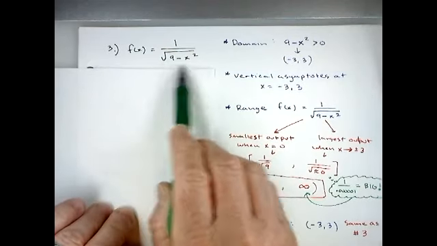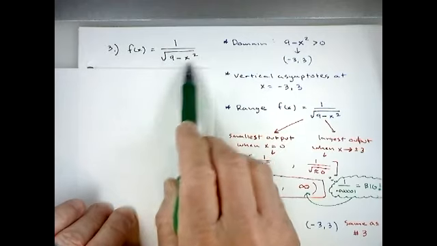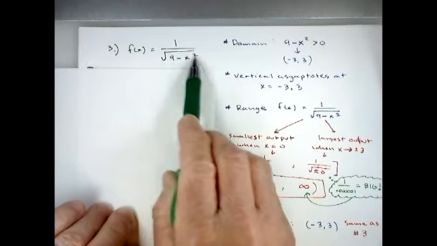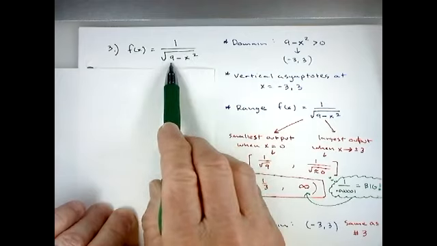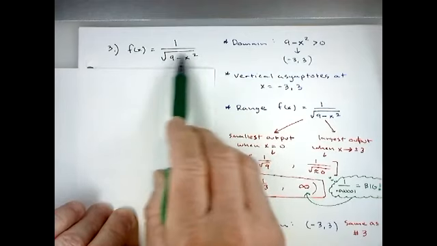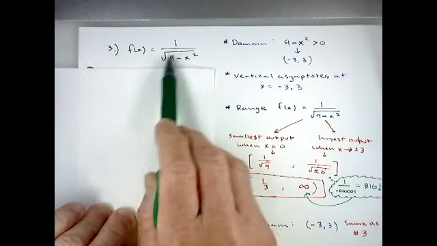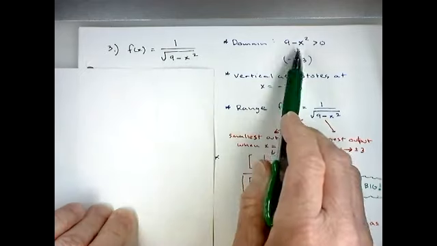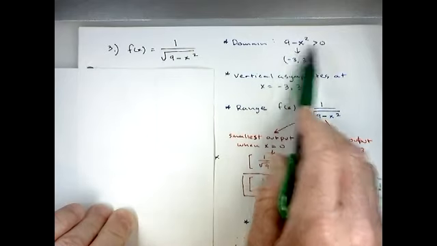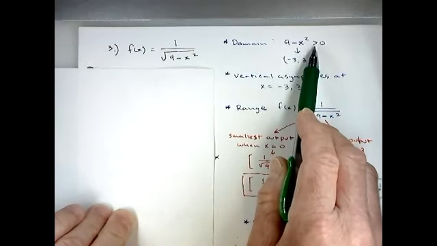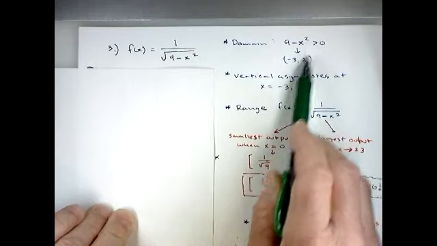Now for the domain, okay, we've got stuff under the square root, which we know has to be greater than or equal to 0. But because it's also in the denominator, I should say, we don't want the denominator to be 0. So in this case, we would want 9 minus x squared to be just greater than 0, not greater than or equal to.